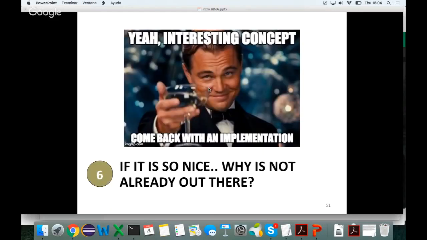So if it is so fantastic, why is it not already out there? Of course, getting something new adopted that takes such a fundamental change in the understanding, not in the deployment, takes time. Again, deployment can be incremental, but changes in understanding take time.